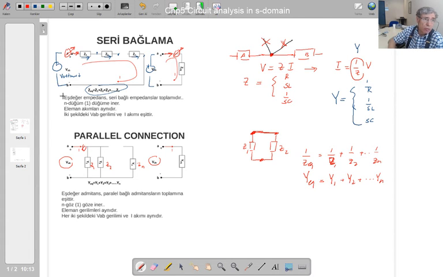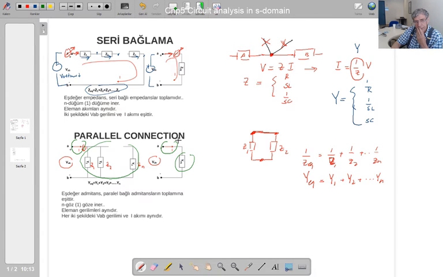Similarly, these two currents are going to be the same. That's the definition of equivalence. If you replace all those with one equivalent, those two are not going to change, in order to say that that is equivalent to this.